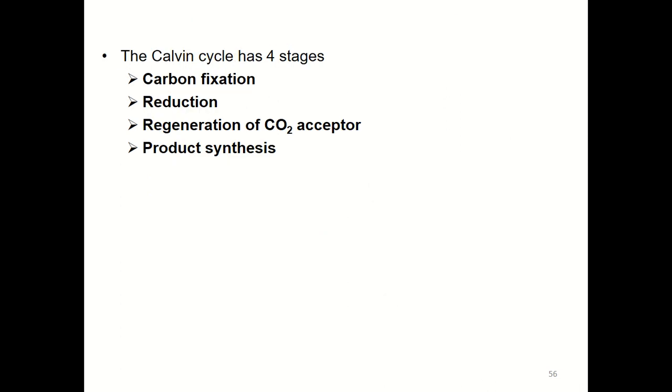The Calvin cycle or the dark reactions has 4 stages. The first one is known as the carbon fixation, reduction, regeneration of carbon dioxide acceptor, and also product synthesis.